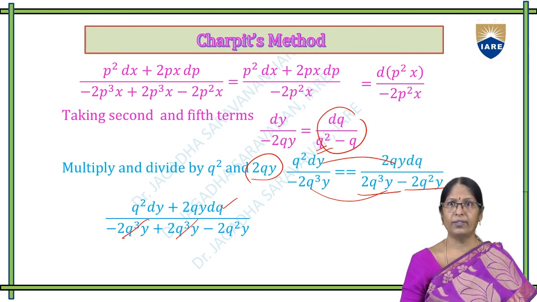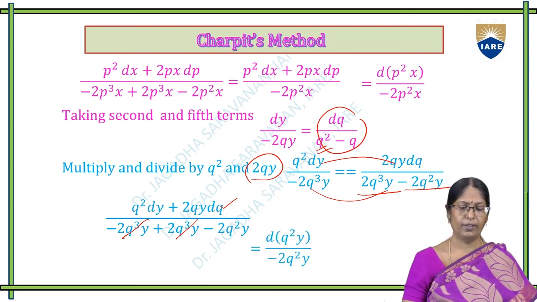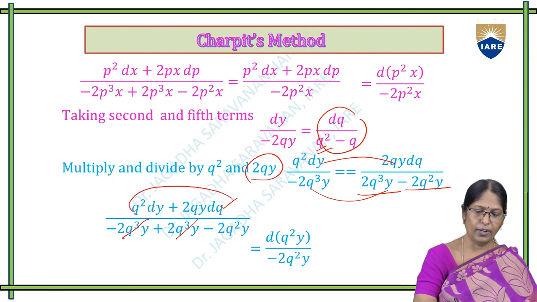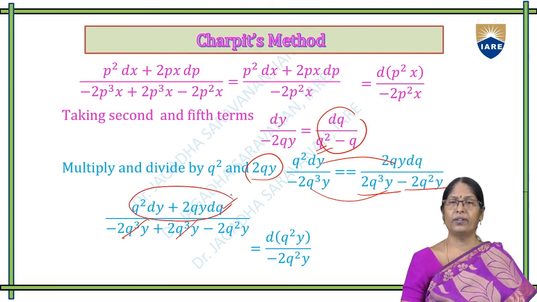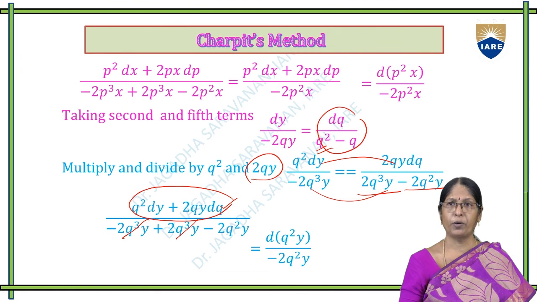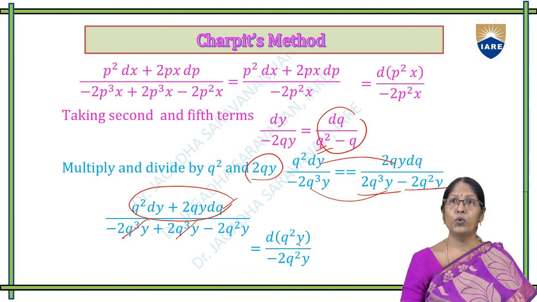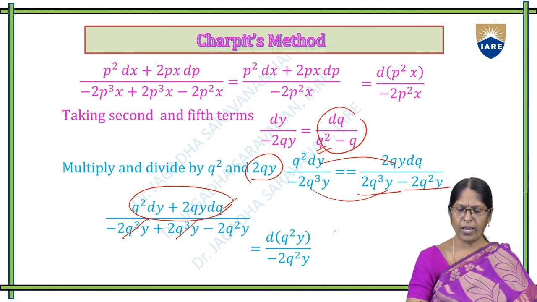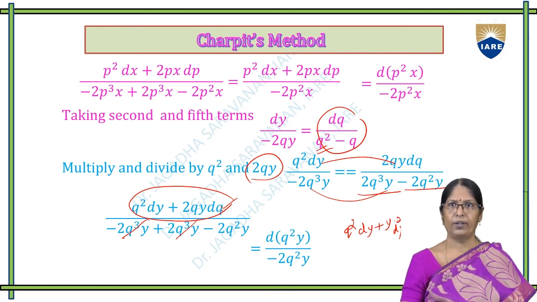After cancelling, we got here the numerator in such a format, d of q square y. We can expand this differentiation: q square, y differentiation is dy, and y, q square differentiation is 2q dy. So the previous step we got, divided by minus 2q square y.